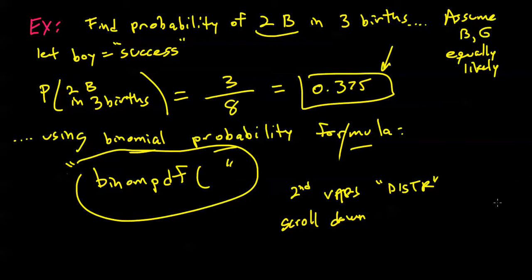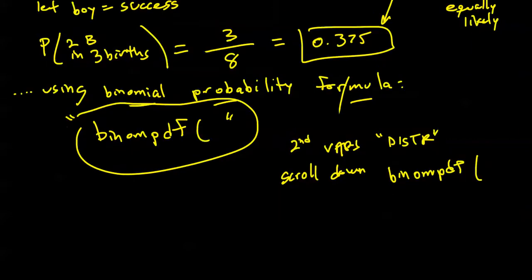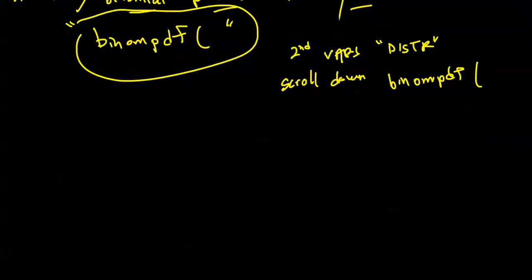Just be sure to highlight the binomPDF address and hit enter to call that command into your home screen. So binomPDF is under that second distribution button, and you scroll down and hit enter to call up the binomPDF command.